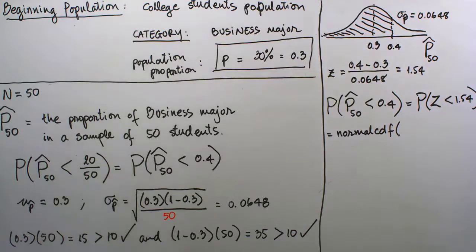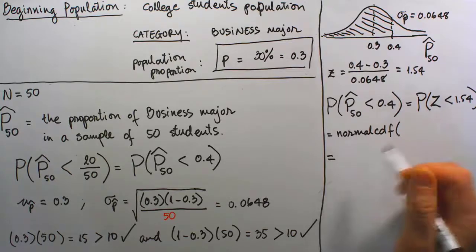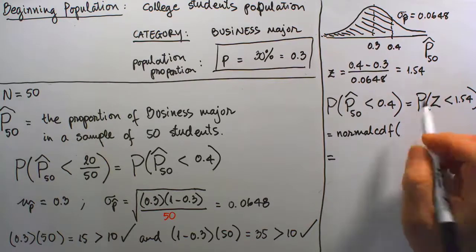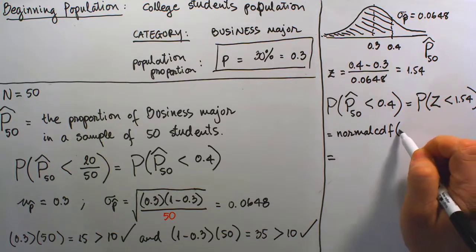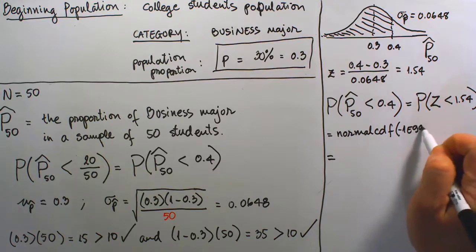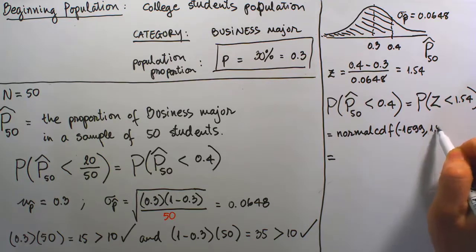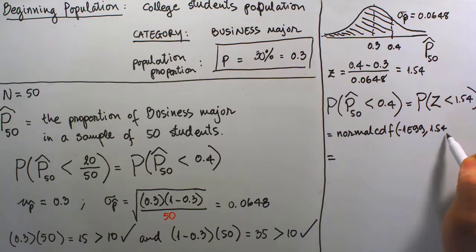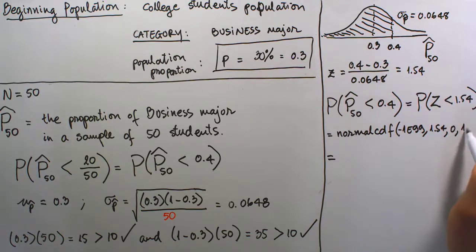I'm going to use 4 decimal places, but to complete the syntax here, to complete the command: -1E99, comma, upper end 1.54, comma 0 for mu, comma 1 for sigma, close the parenthesis.